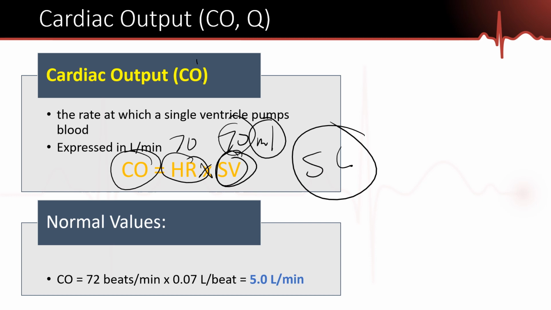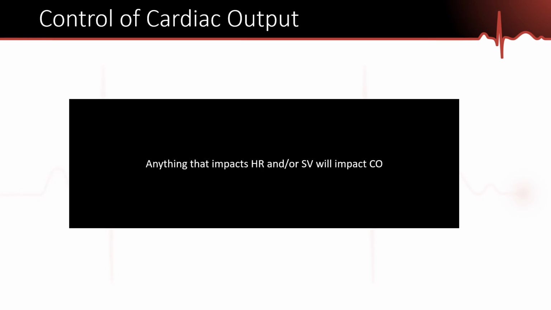Okay? Now, we're going to keep talking about cardiac output quite a bit in this lecture. What we want to dedicate our time to is figuring out the things that will influence cardiac output. What will have an effect on cardiac output, the amount of blood circulating around the body per minute?